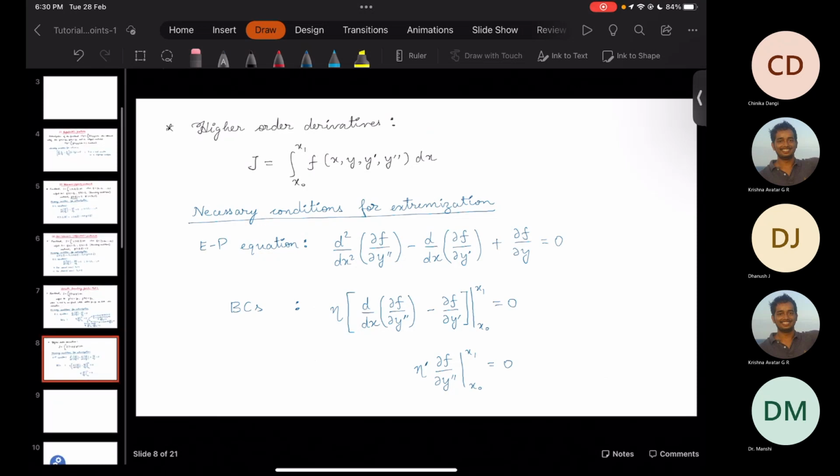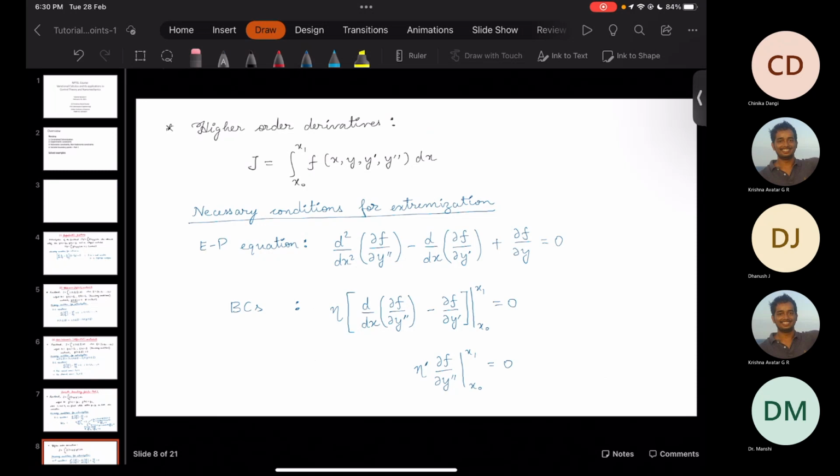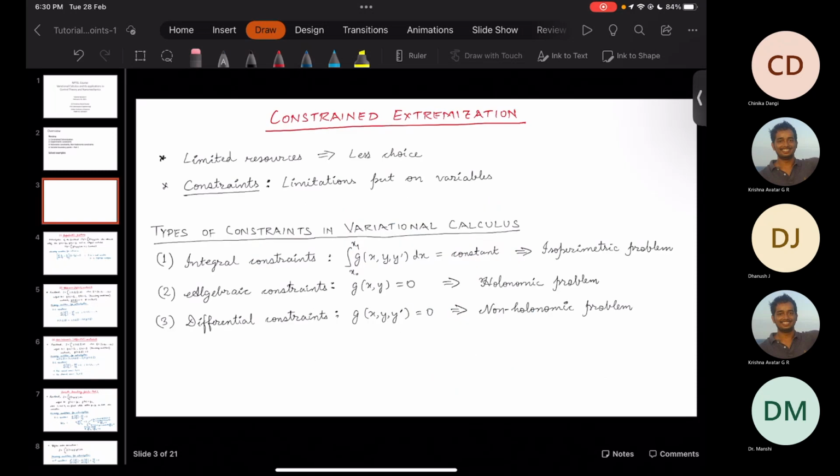So with this we have covered the review of the theory that was discussed in week 5 of this course. Let me just revisit what we have discussed so far. We started with constrained extremization. We discussed in a few sentences the need for having constraints and why they occur in the first place, and the different types of constraints that we encounter in variational calculus.